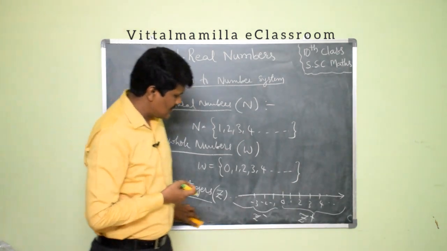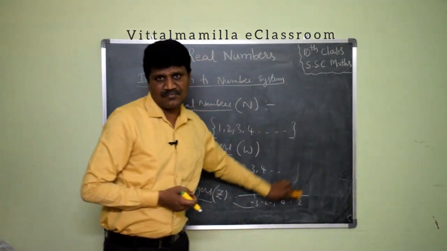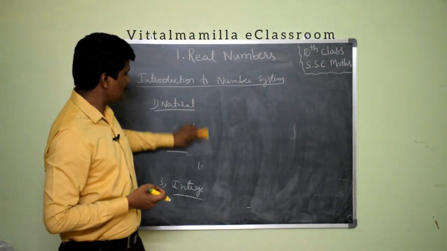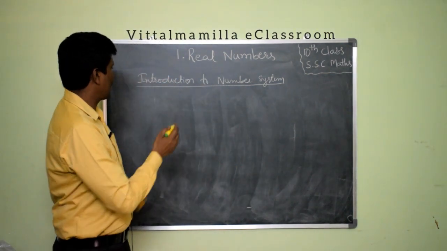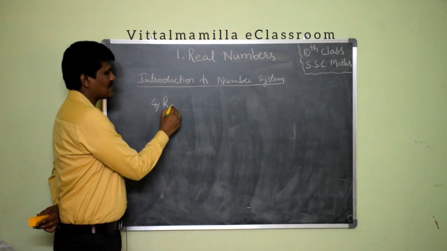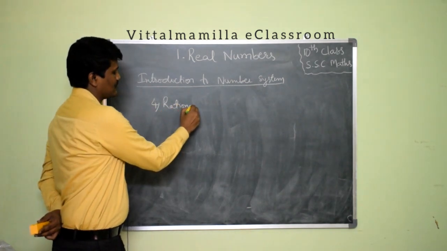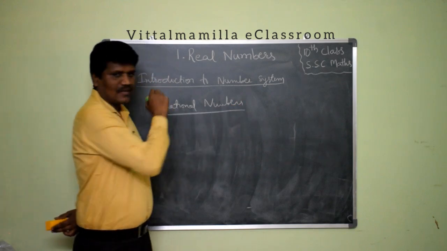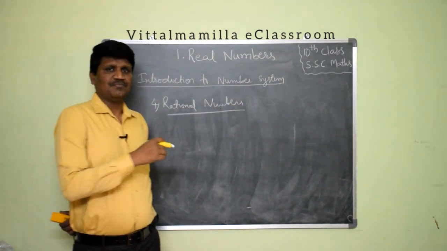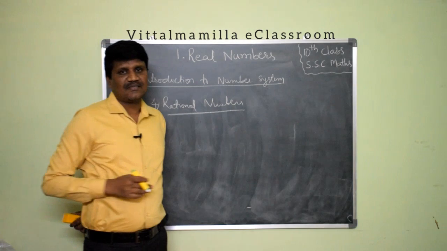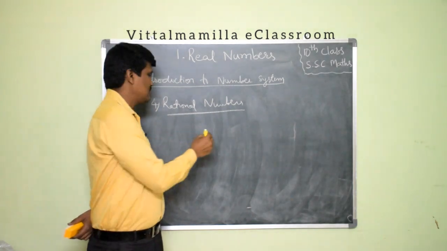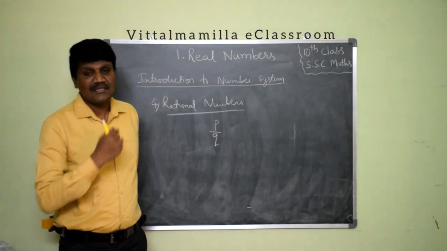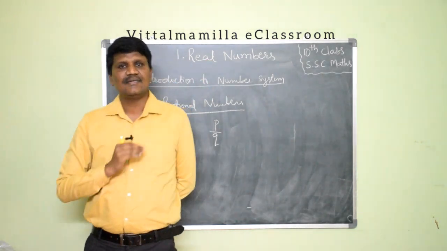The next one is rational numbers. Let us see what rational numbers are. The fourth one is rational numbers, and this is the most important number system. The rational numbers are nothing but the numbers which are in p by q form. That means it should have a numerator and denominator.